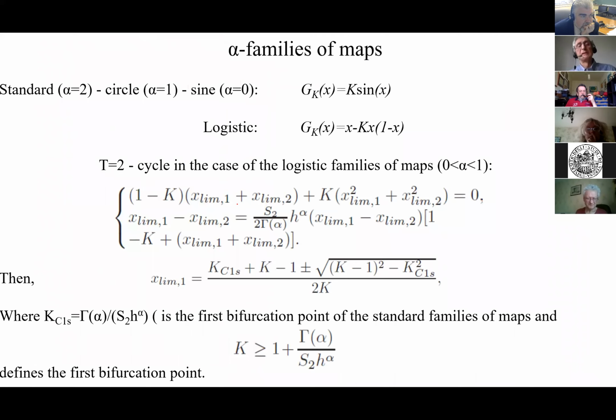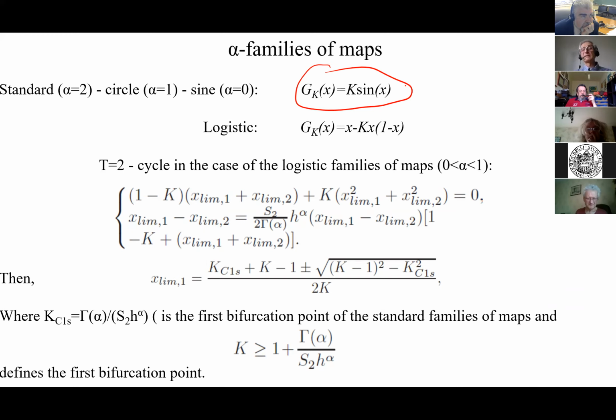Now, there are two particular forms that can be investigated that were already well investigated. When G is K sine X, we have the fractional standard map. Actually, we may call it fractional circle map or fractional sine map, because for L equals 0, it gives the sine map for alpha 0.